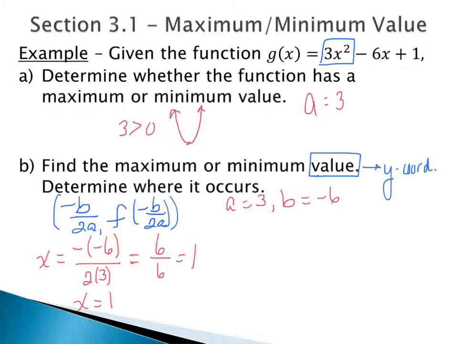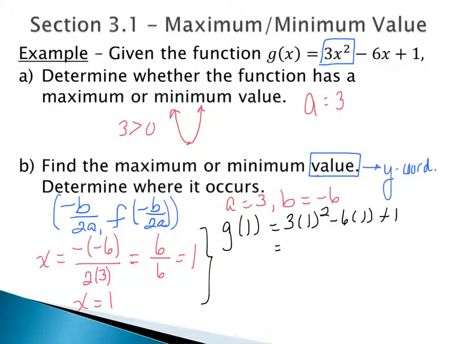But in order to find that function value, we need to substitute that back into our g of x function. Remember, this is the general form with the f of negative b over 2a, same thing as doing g of negative b over 2a, which really just means that we need to find g of 1. Substituting that in, we have 3 times 1 squared minus 6 times 1 plus 1.